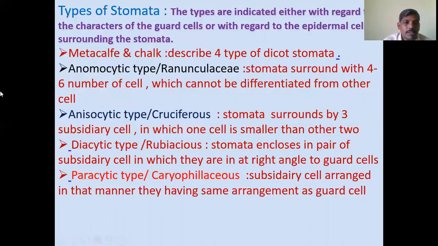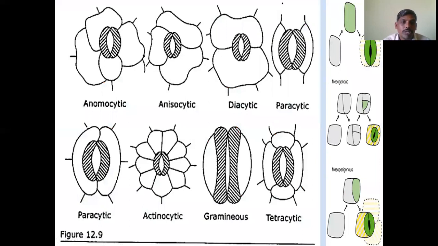The second type is anisocytic type or cruciferous type. Stomata surrounded by 3 subsidiary cells in which one cell is smaller than the other two. By observation of the picture in the cross section of the leaf, the two guard cells are surrounded by 3 subsidiary cells.